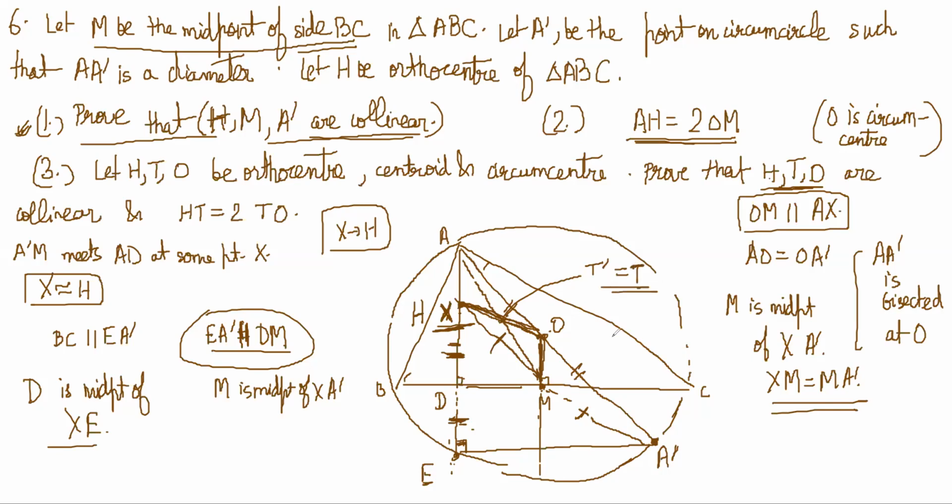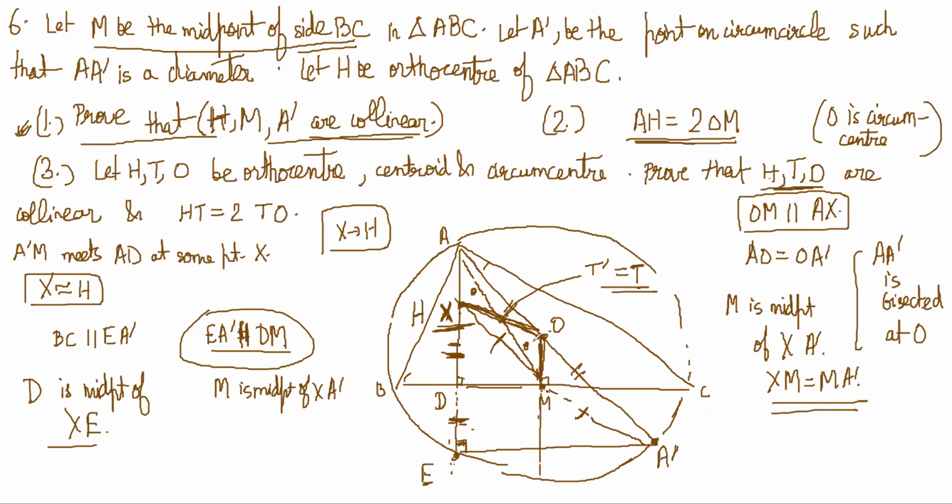So I will just rub off a little bit of the stuff. Just work with this one: AHT' and MOT'. These two triangles, this triangle and this triangle, are similar.